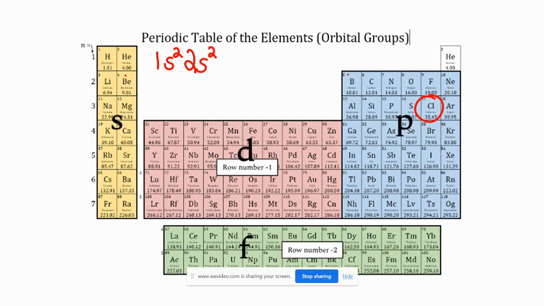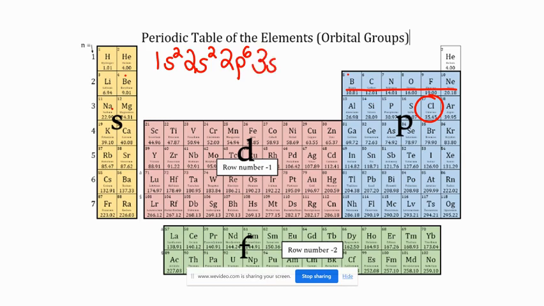boron, right? Number 5. What is my N value for this section here? 2. What block am I in? P. And how many electrons do I need? 6. Then after that, I go down to sodium. What is my N value? What block am I in?